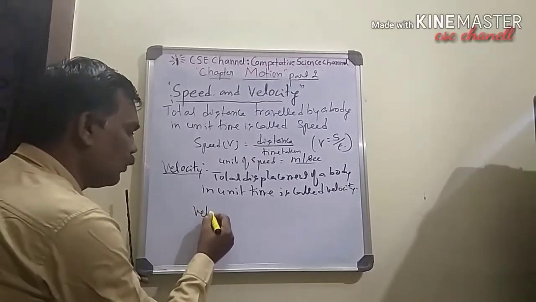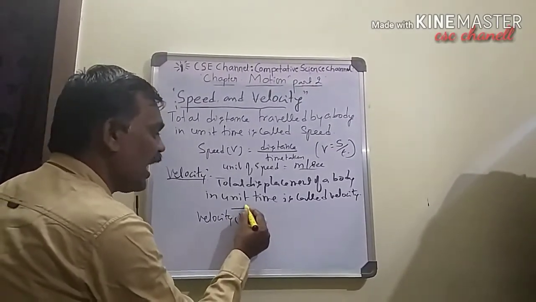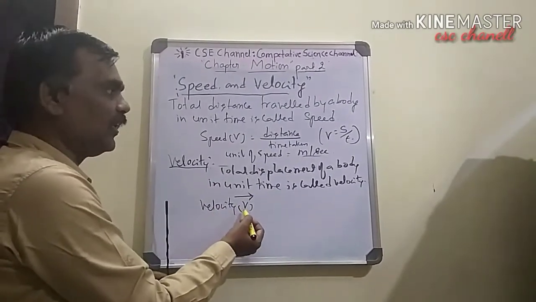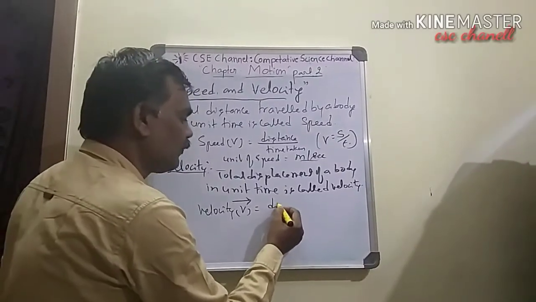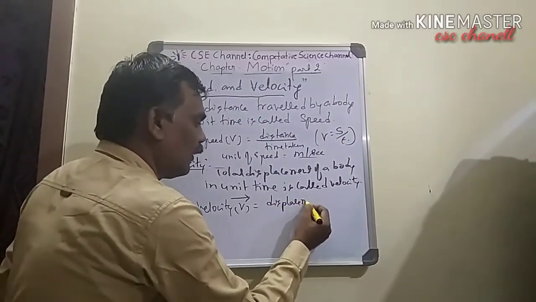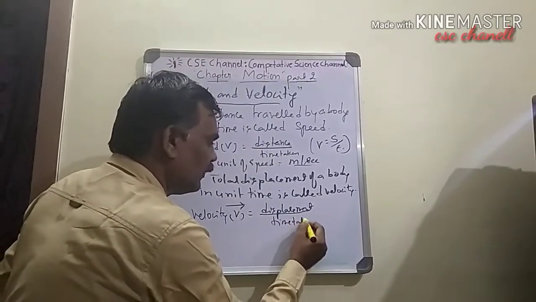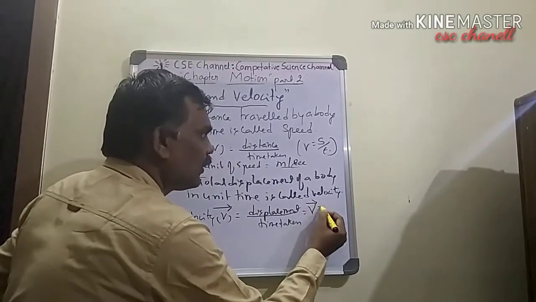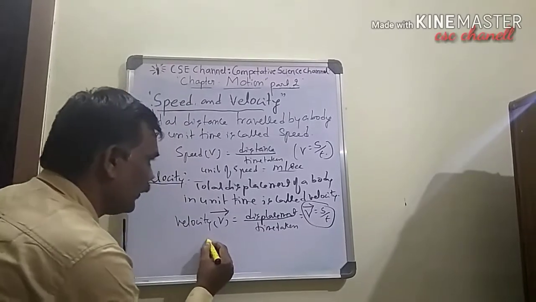Speed and velocity are the same in a sense, but we mention an arrow mark on top that shows it is a vector quantity. So it is the displacement of an object divided by time taken, the same V with an arrow mark equals S by T, with the same SI unit.